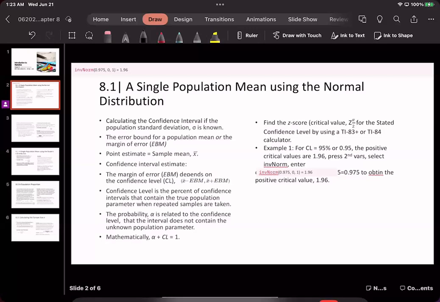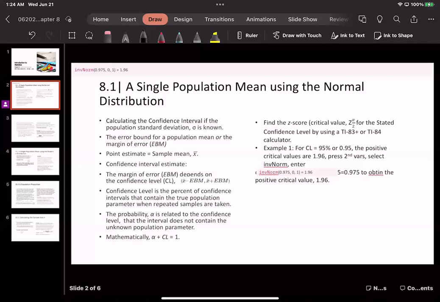So we build up a confidence interval estimation, and the margin of error, EBM, depends on the confidence level, CL.